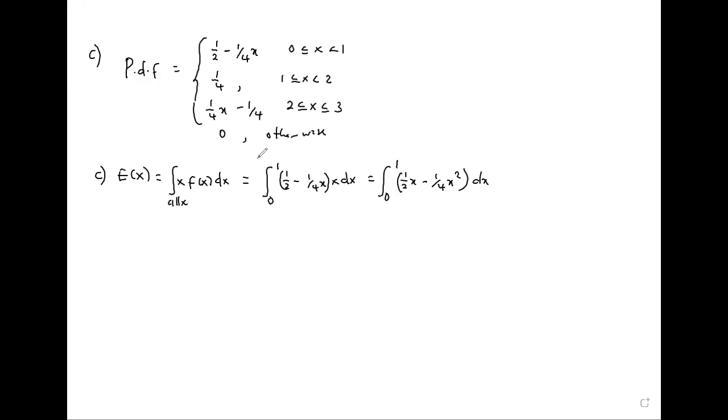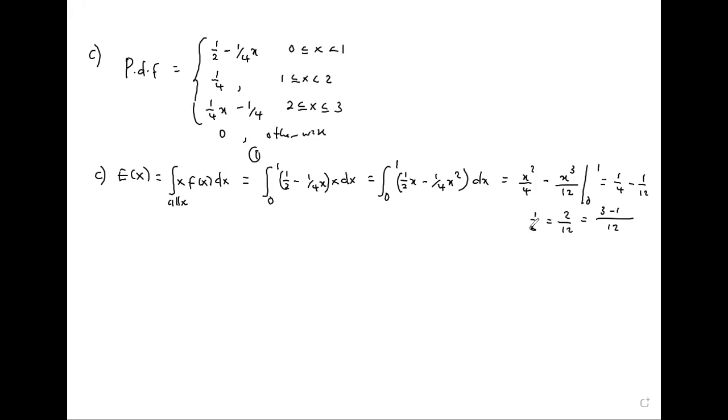That is piece 1, which is x squared over 4 minus x cubed over 12 from 0 to 1, which is 1 over 4 minus 1 over 12. 12 down, and 3 minus 1, which is 2 over 12, which is 1 over 6.